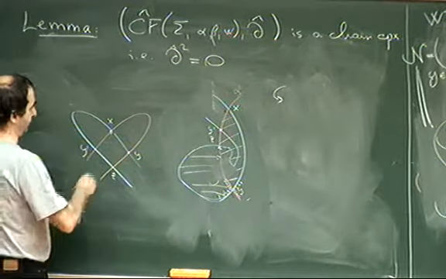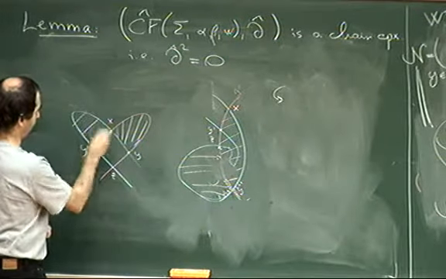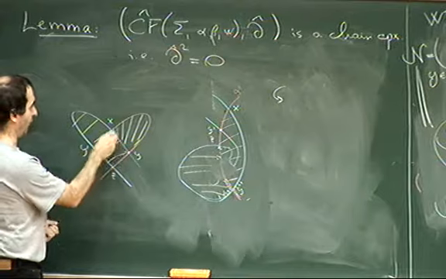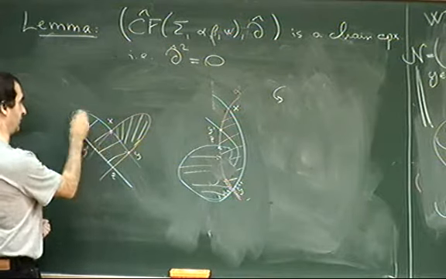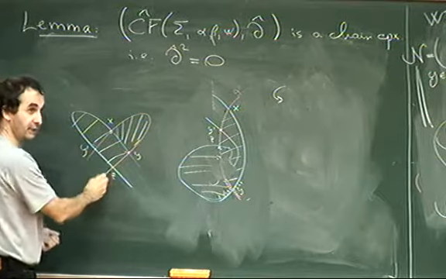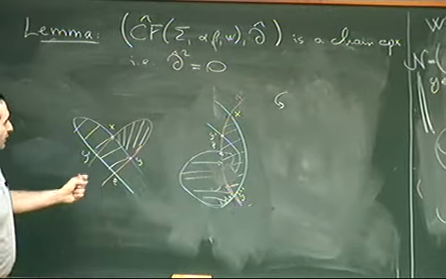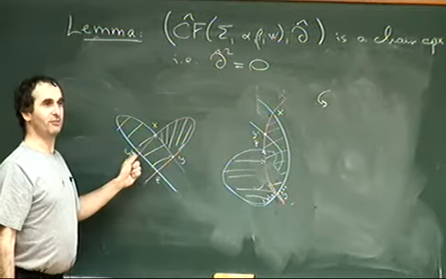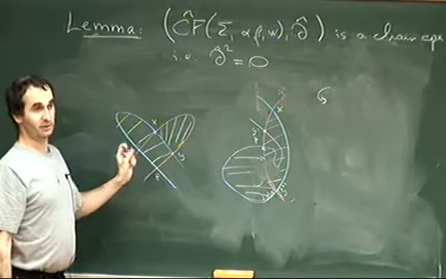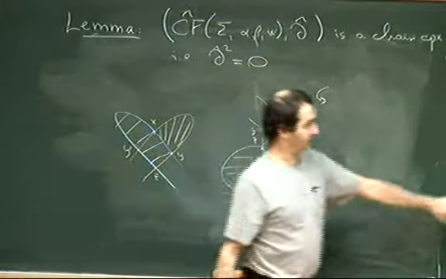So I go from x to y using this bigon, and then from y to z, this bigon. Or I can go from x to y prime using this, and then from y prime to z using that. And again, once you tell me x, y, z, there is a unique way to find the y prime. So they again have friends, and this is all we need for the evenness of that portion.